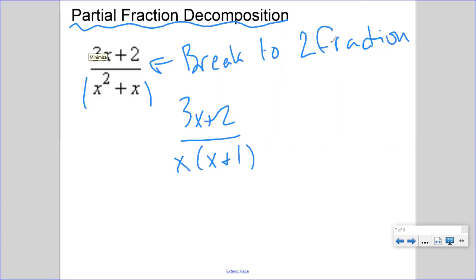Cool. Now I'm saying that this must be able to be broken down into something like this: a over x plus b over x plus 1. We should be able to break this down into 2 separate fractions. There must be some way.